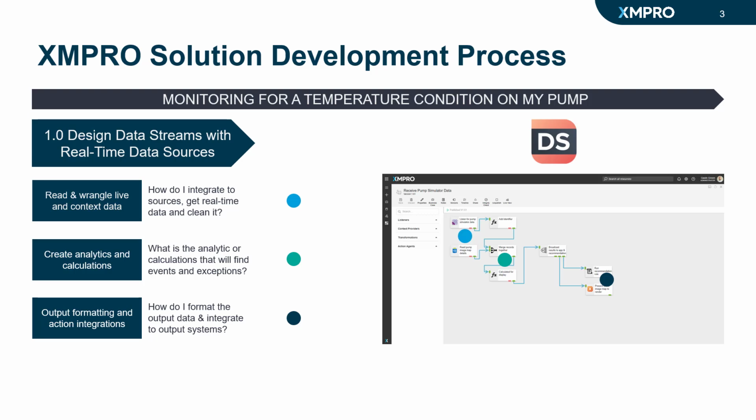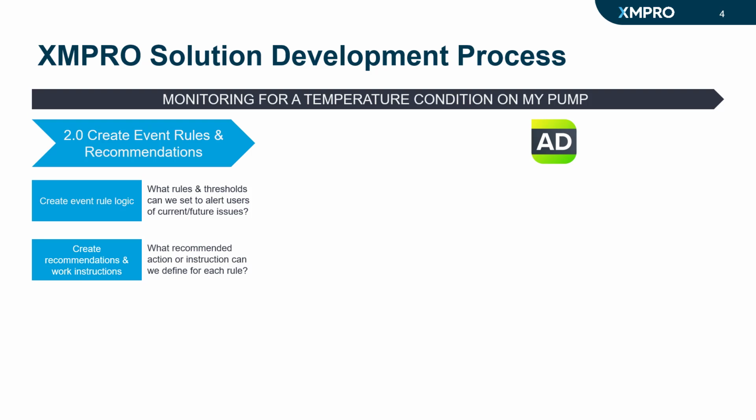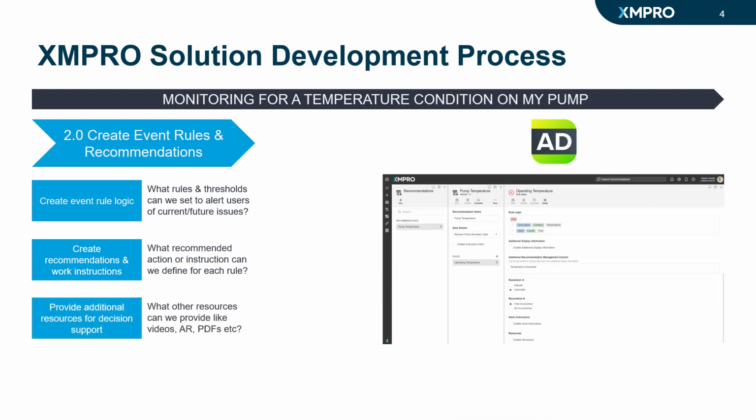So step 1 is done in the data stream designer, and this is where we create our data streams using real-time data sources to make this information available to recommendations and to make it available to the app designer as well. Step 2, this is where we start creating some of the event rules and recommendations, and we do this in the app designer. So again, if we just pull up a particular example here, we've created a recommendation for pump temperature, and we've just created one rule for that as well.